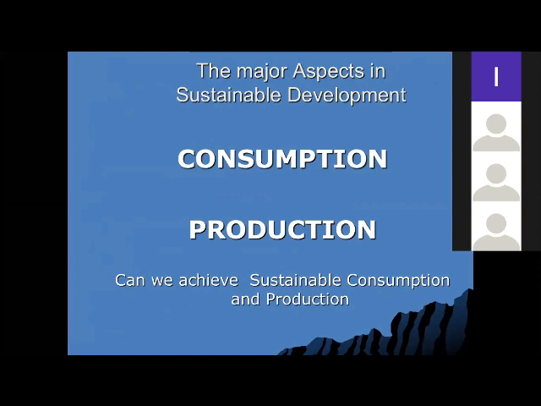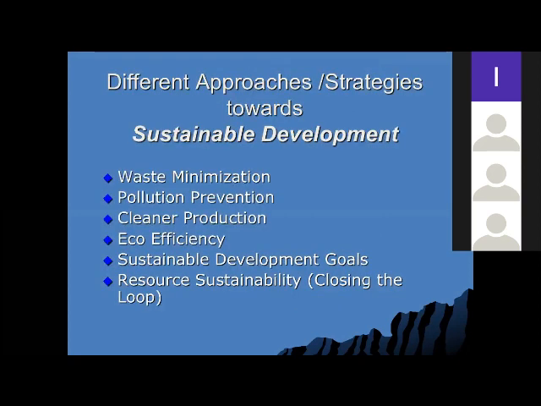Okay, so major aspects of sustainable development we can consider as consumption and production. If you can achieve sustainable consumption and sustainable production, and consumption, of course, to be sustainable, it should be intelligent consumption. So if you are intelligent enough to consume and production is sustainable, then we can have sustainable development. Now, we can take different approaches or strategies for sustainable development.